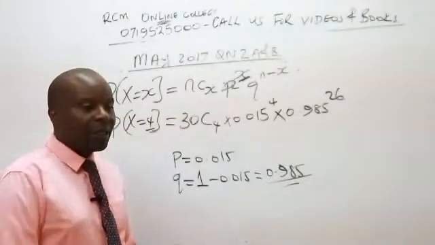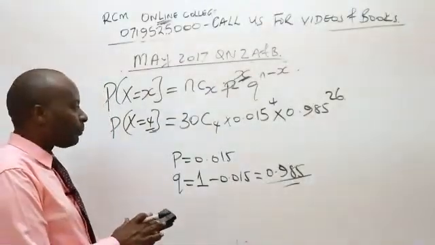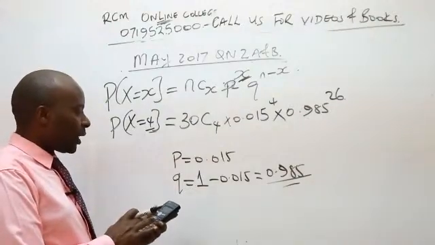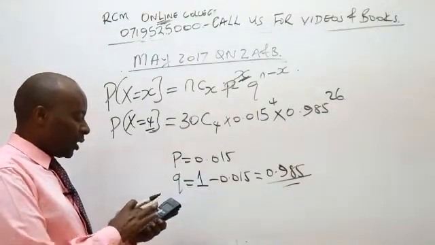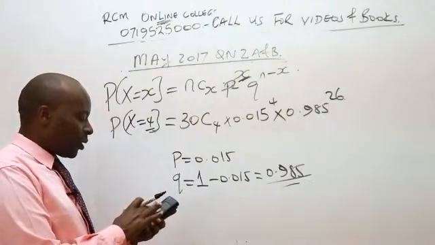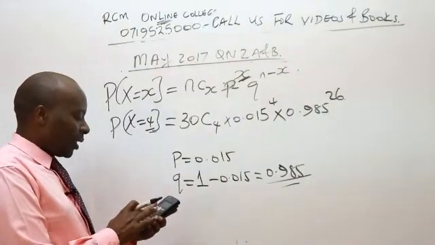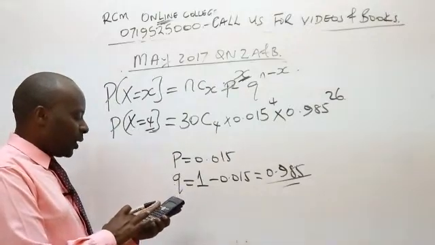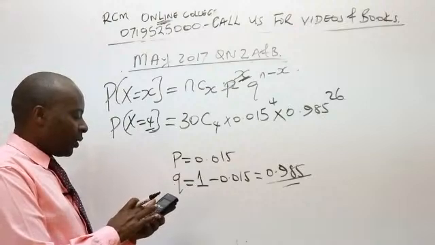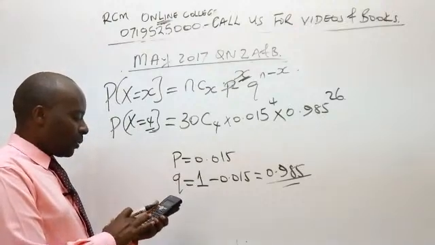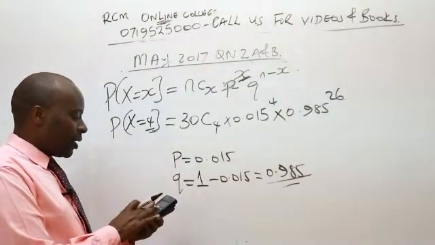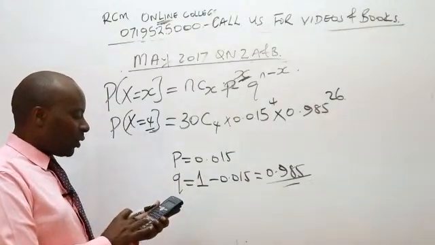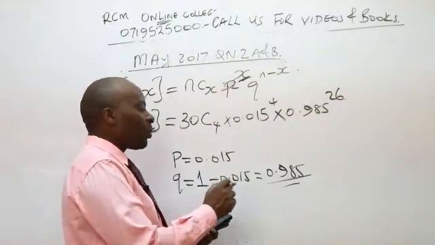So ladies and gentlemen, straight away we have 30 combinations 4 times 0.015 raised to power 4 times 0.985 raised to power 26, which at the end of the day again gives us a very small probability.